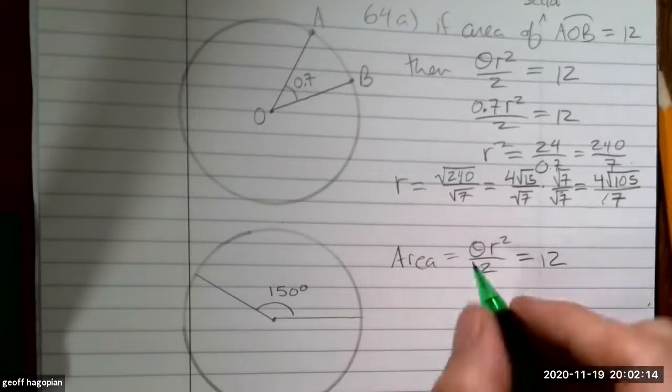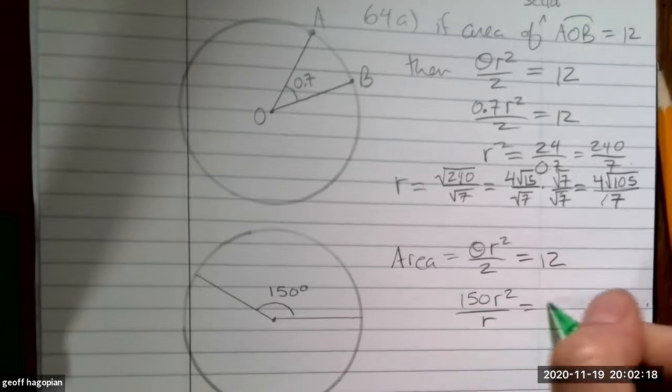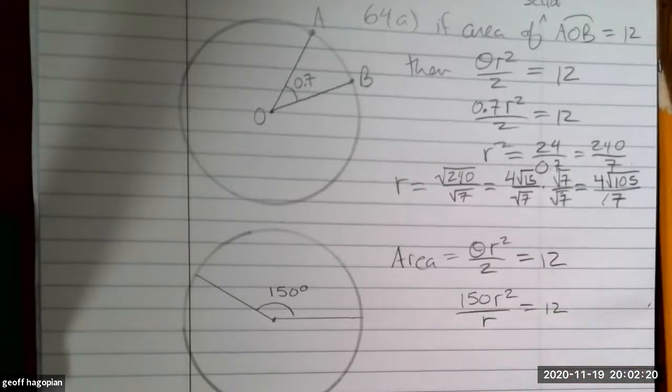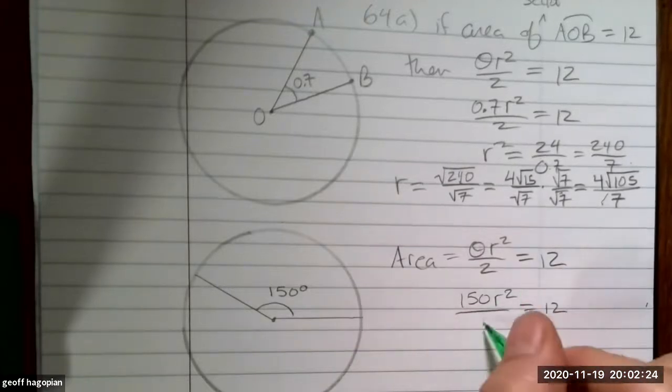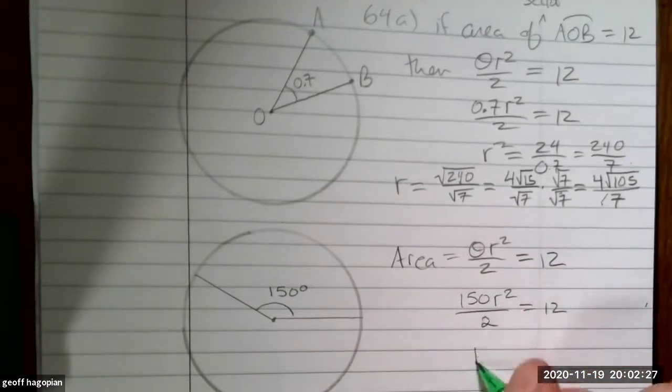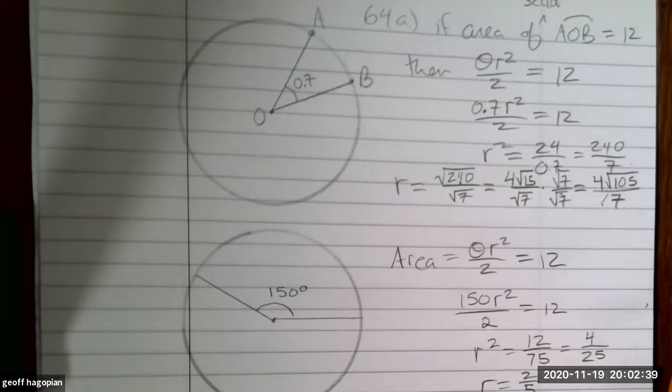So theta is 150, over 2. And so r squared is equal to 12 over 75, which reduces to 4 over 25. And so r is 2/5, right?